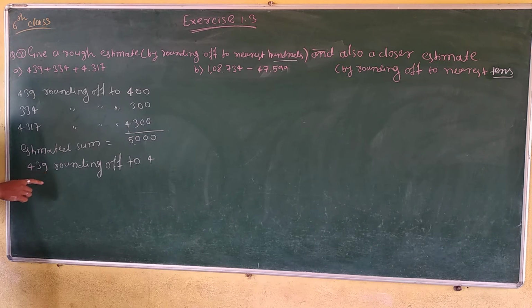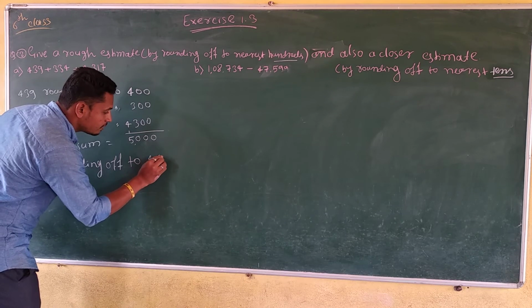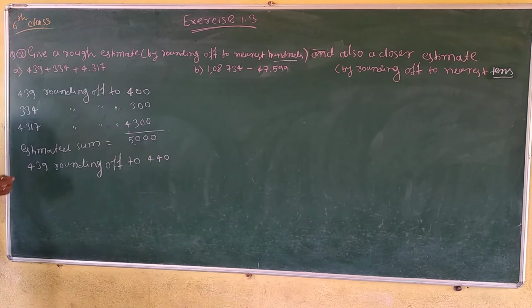See here, 9 is nearest to 0 or 10. 9 lies between 0 and 10. Is it right? Yes, 9 is nearest to 10. So that's why our 10s place, right next to 3, after 3 we write 4. So 440.